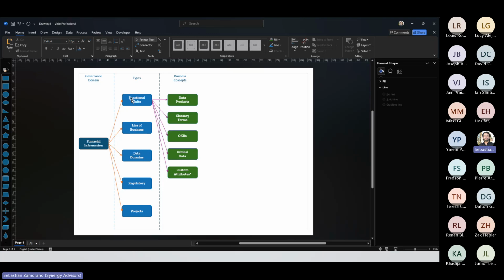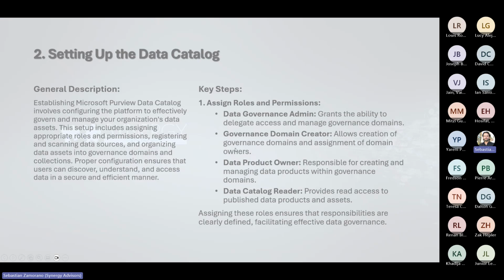And for each type, we will need to define data products, glossary terms, OKRs, critical data, and this is new, custom attributes. In general, what we are viewing here through Data Catalog is a way to organize our information and identify where that information is located.